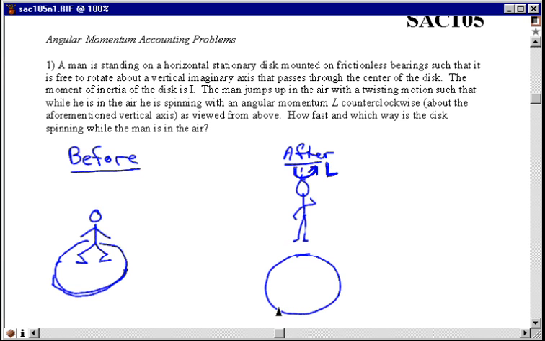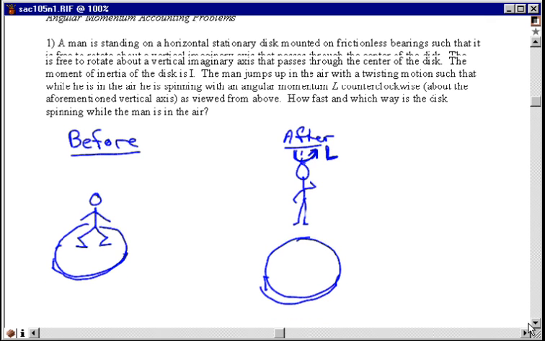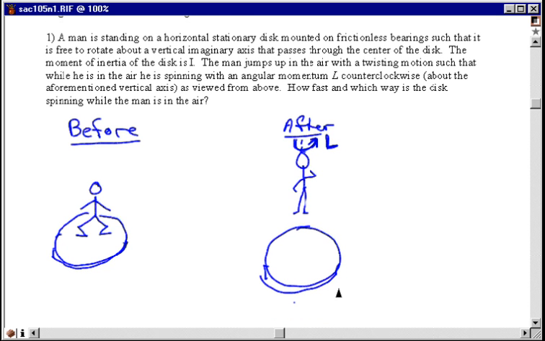So I'll put the disk down here, and it's going to be rotating now in the opposite direction to the direction which he's rotating, with some angular velocity, I'll call it omega, and that's what we're looking for.